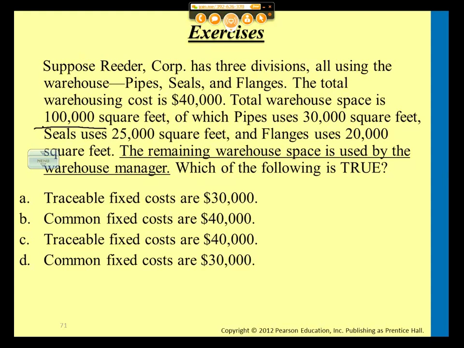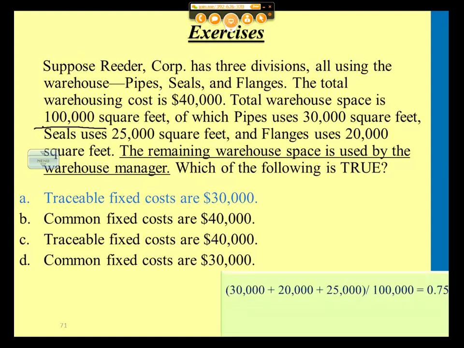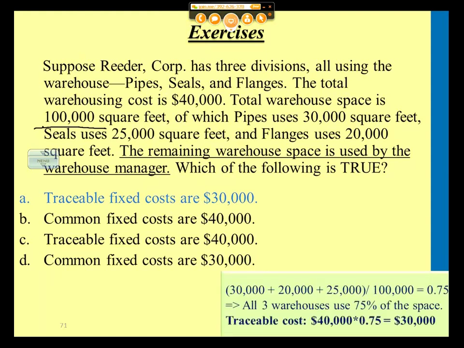So do we know how to find common fixed costs? Maybe leave it for right now. Let's just put it aside and look at the traceable fixed costs here. So is it 30 or is it 40? How am I going to find this? I'll take $40,000 and multiply it by that 0.75 that I just found, and that's going to give me my $30,000.